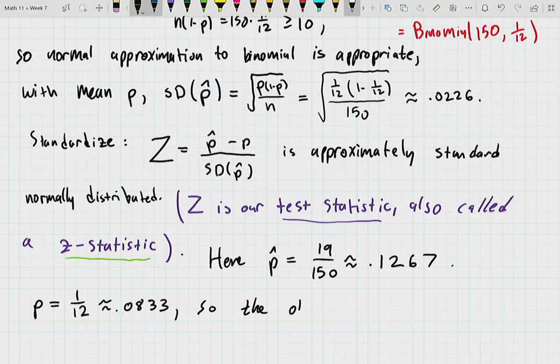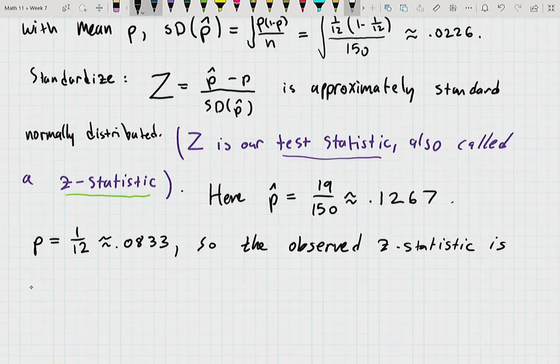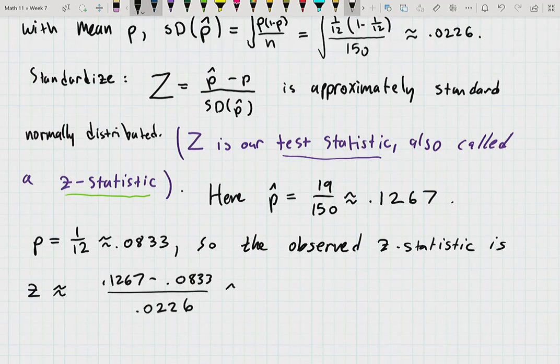So the observed z statistic is approximately 0.1267 minus 0.0833 over 0.0226, which is about 1.92.